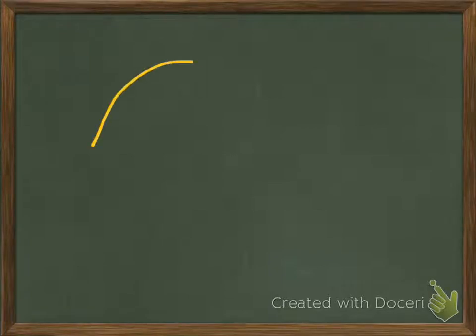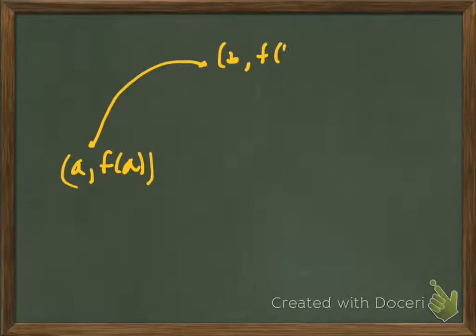So we have some sort of a curve, and it's on an interval from A to B. So this is A, f of A, and the other endpoint is B, f of B. Now, what we said, and Savannah sort of said this, but her language wasn't perfect.